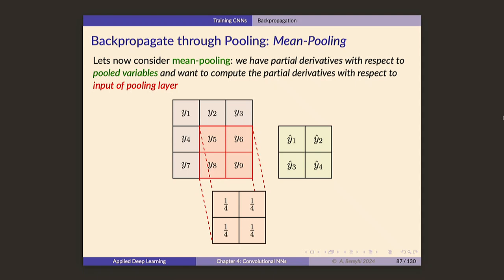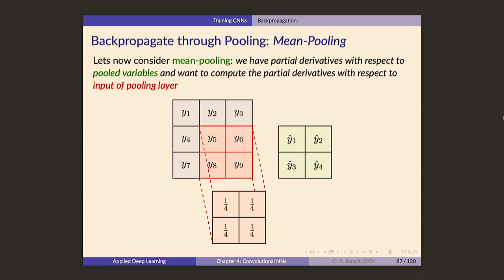This is actually a tensor, so I'm going to write it down as y hat. But what we want to compute is the gradient of r hat with respect to y, which is the input. And what we do is use the chain rule, correct?